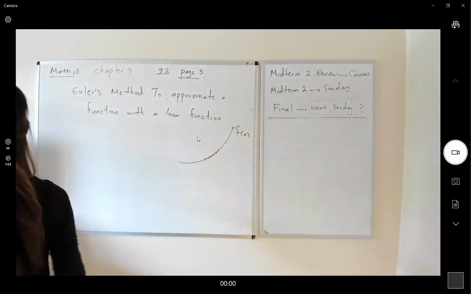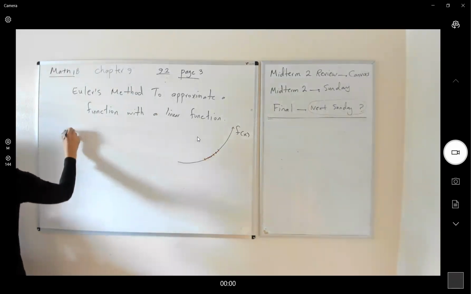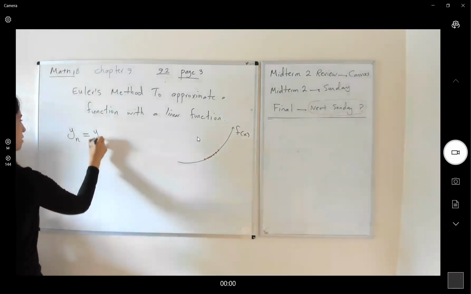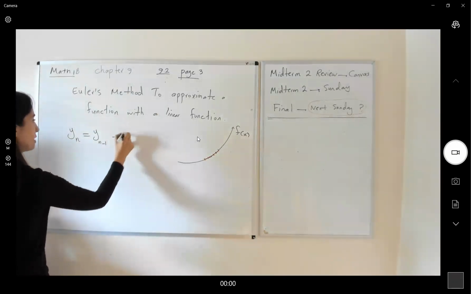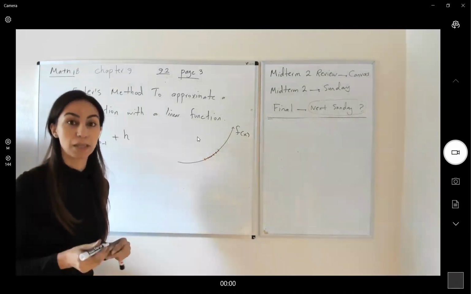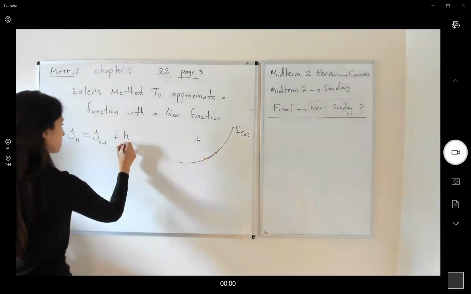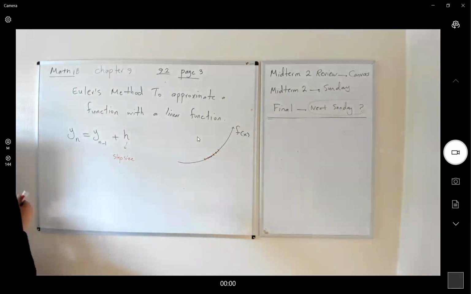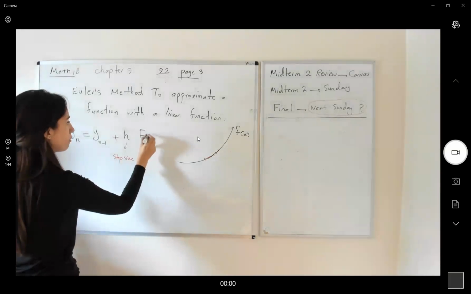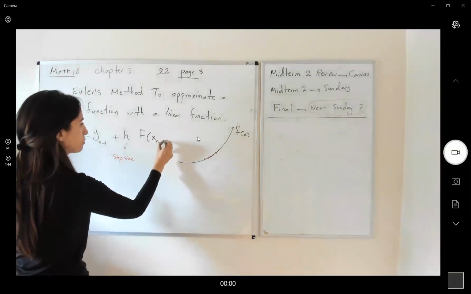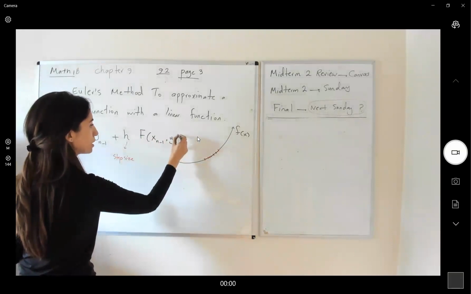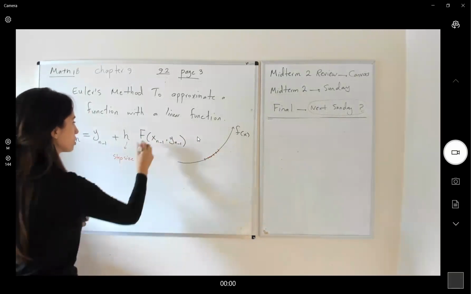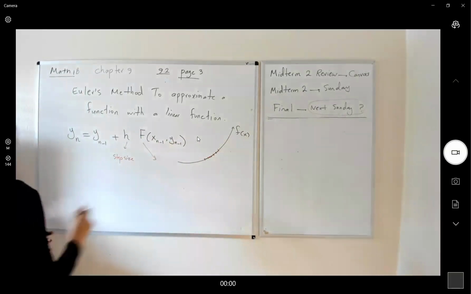This method says yn is equal to yn minus 1 plus h. H is called the step size. Times f of xn minus 1, comma yn minus 1. What is f? F is actually the derivative of the function.